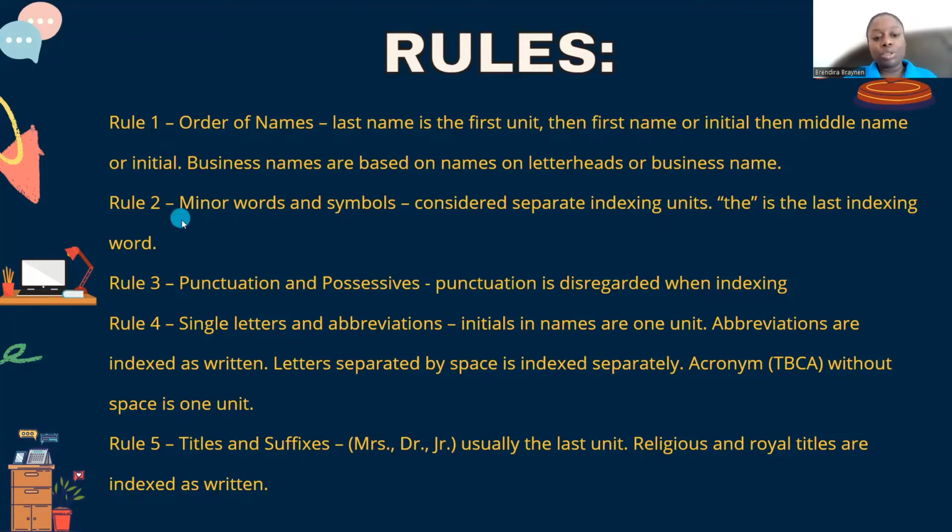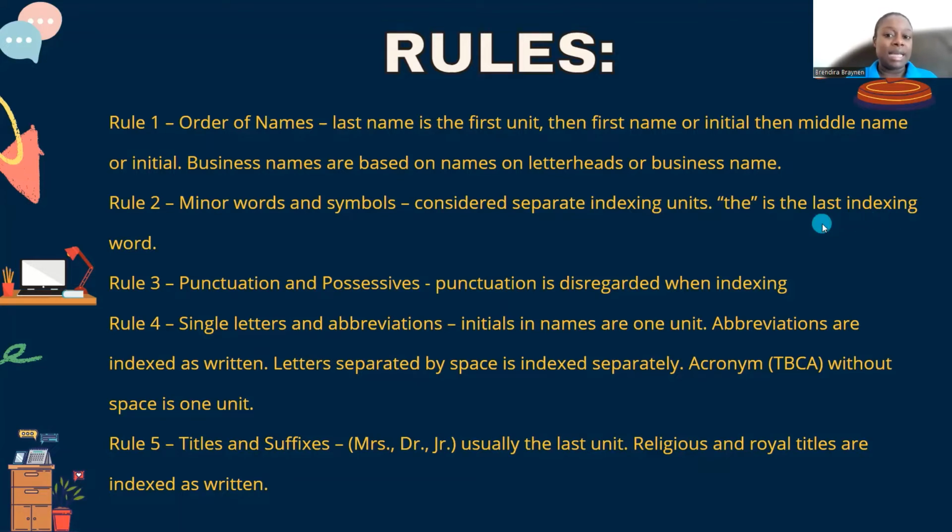Rule two: minor words and symbols are considered separate units. For example, when we have "and" and things like that, those are separate from any other units. When we have the word "the," most times it's going to be in a company name, and the word "the" is always going to be the last indexing word of the last filing unit.